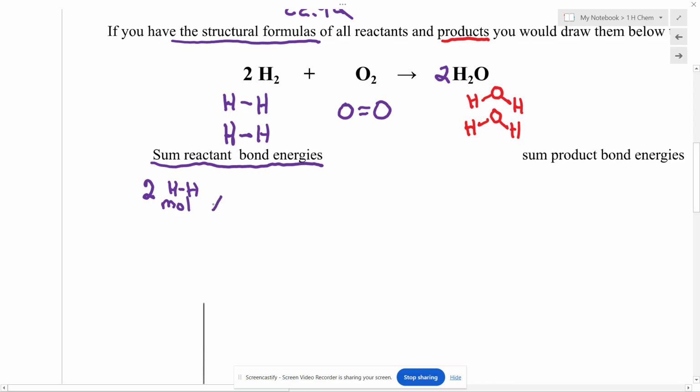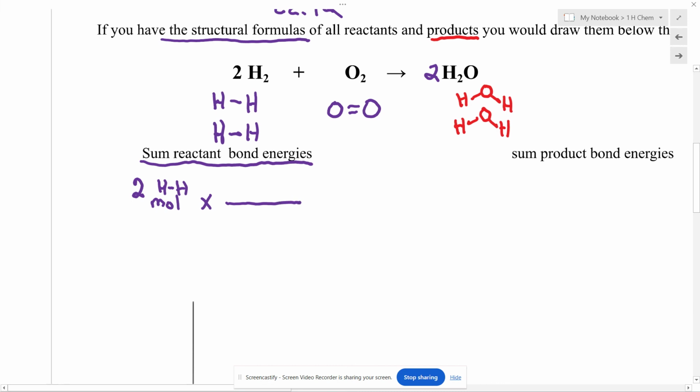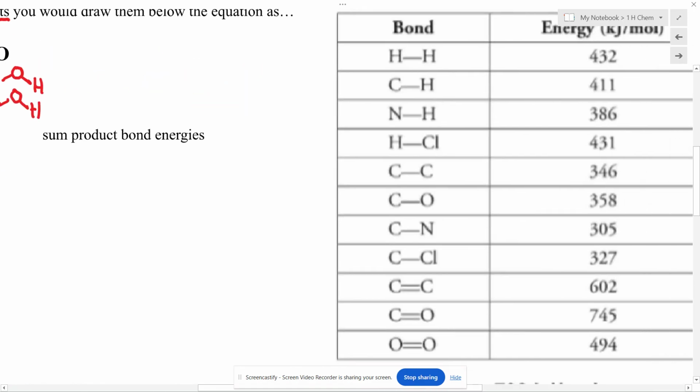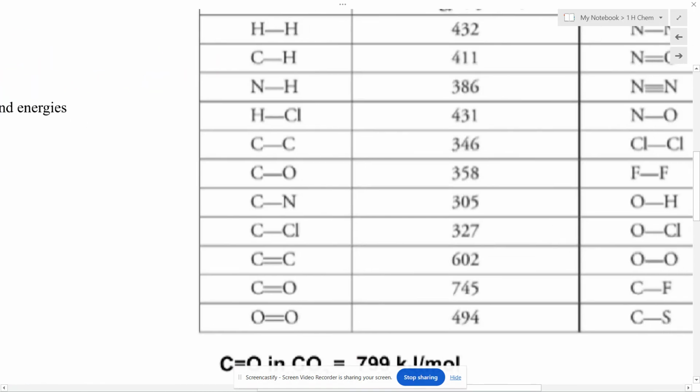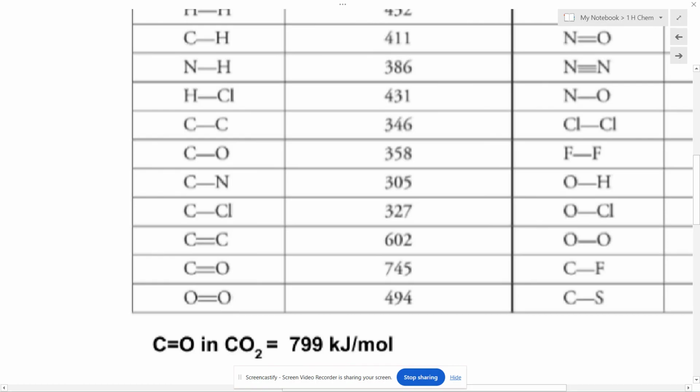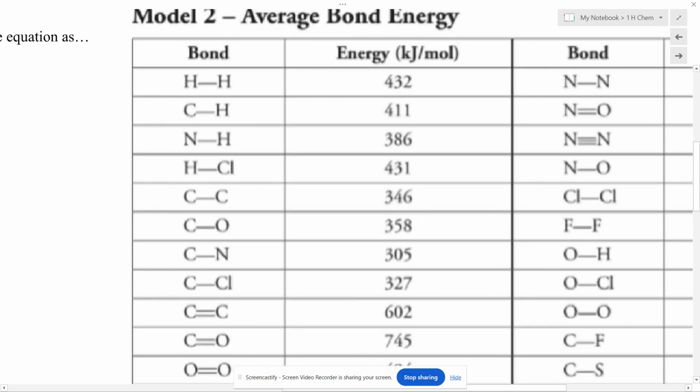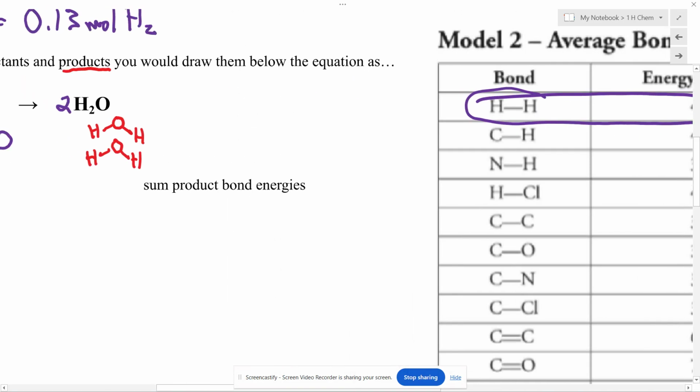And we're going to multiply that by the bond energy from the bond energy table. And so we're going to go over here and find that bond energy for H single bond H. So you might have to search around for it for a moment. There it is. H single bond H, 432 kilojoules per mole.